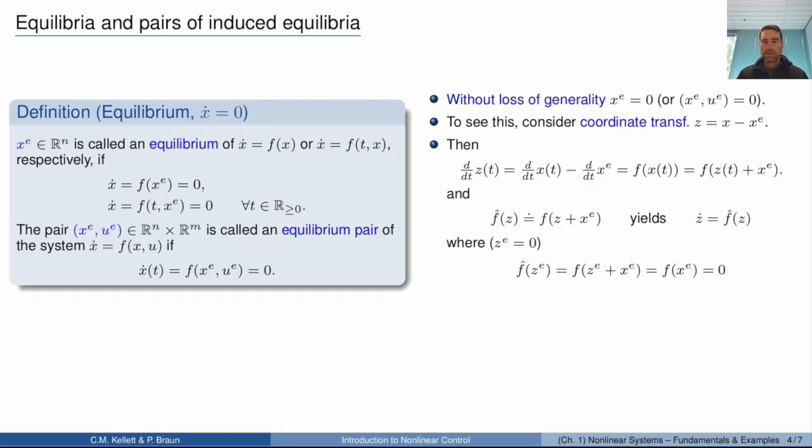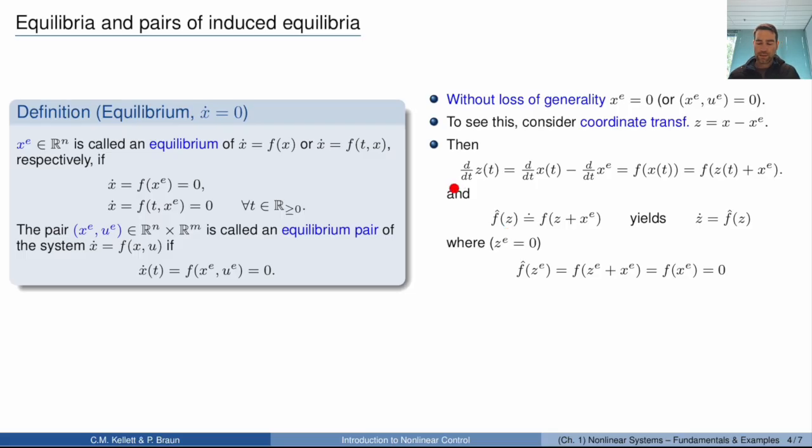And just as a simple quick calculation and a good exercise for you to go through, we can in general assume without loss of generality that the equilibrium of interest is equal to 0. And that can be done or achieved by a coordinate transformation, by rewriting x and introducing a new state simply through this translation here, and by defining a new function now of this new state z instead of x.